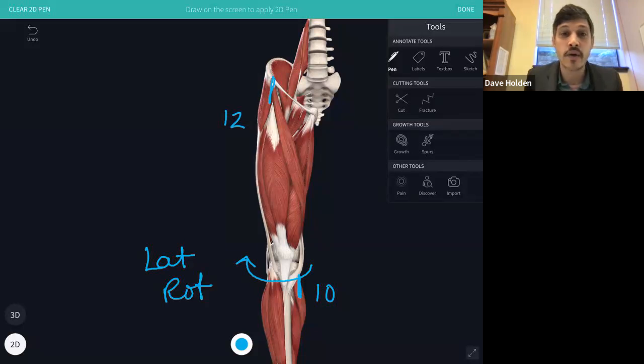Which is lateral rotation of the hip. Good stuff? Sometimes I feel like I have to over-explain that one, but this makes sense to you guys, yeah? It's going to laterally rotate the hip.